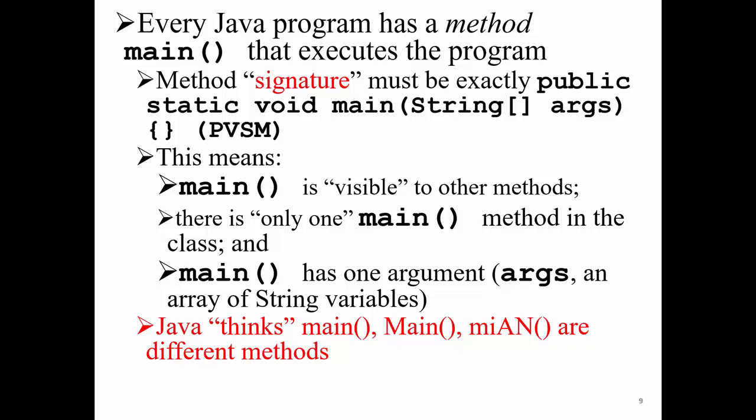Also, Java treats main and Main, with a capital M, as different. So it's case sensitive. You have to make sure that these methods are defined correctly based on the signature.